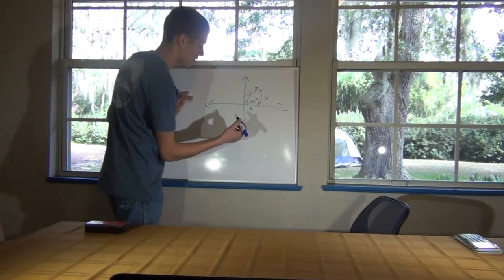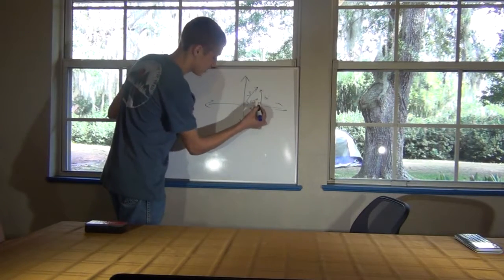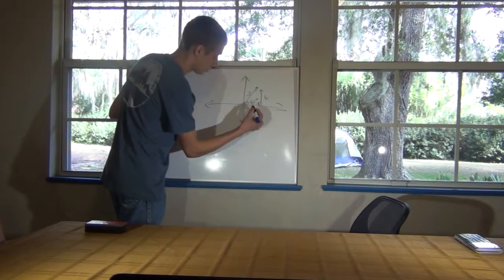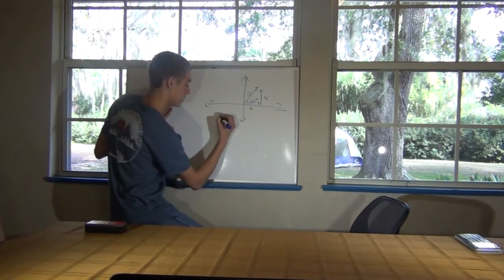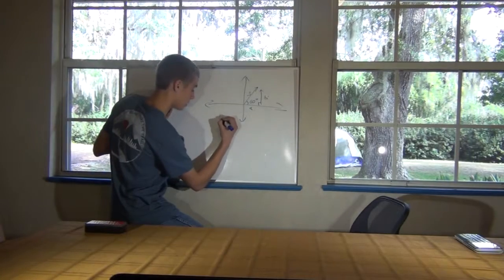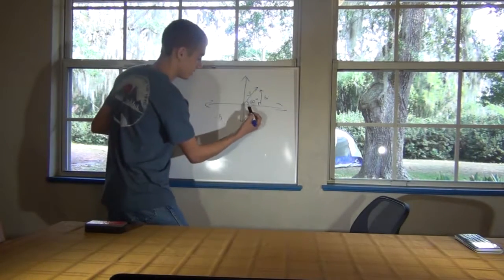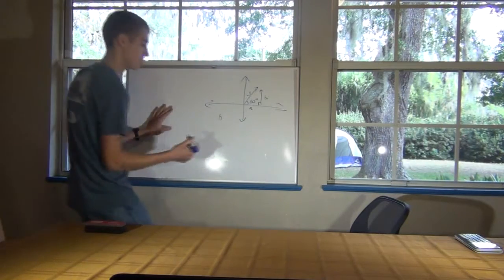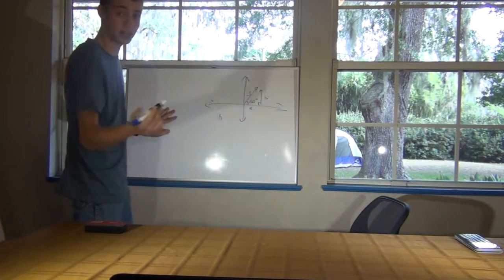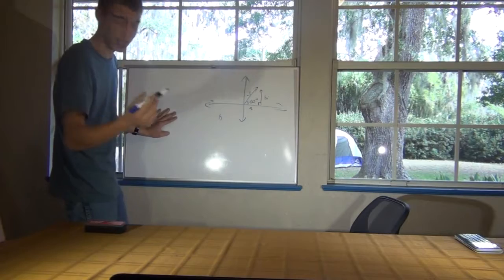You want to find out what this distance is right here and this distance right here. You have your hypotenuse, which is going to be a 3, but you need to find out what your adjacent side and your opposite side are going to be. So to find your opposite side, you simply are going to use the sine.